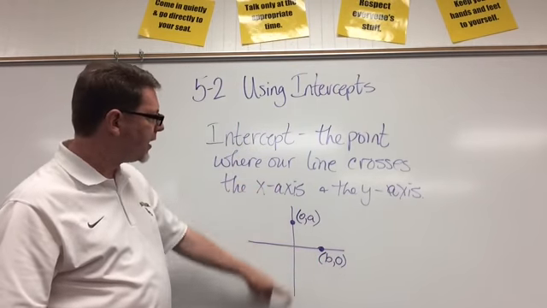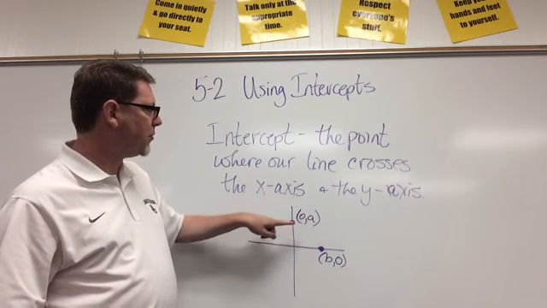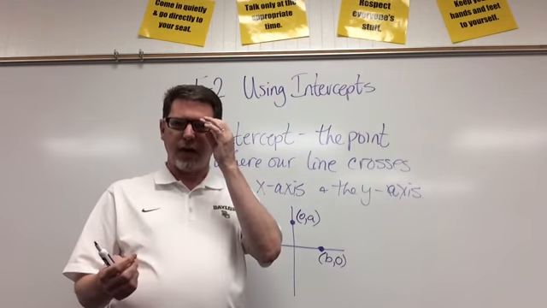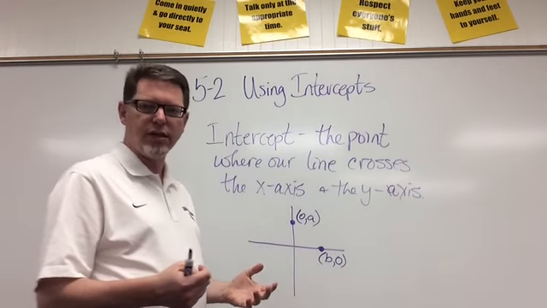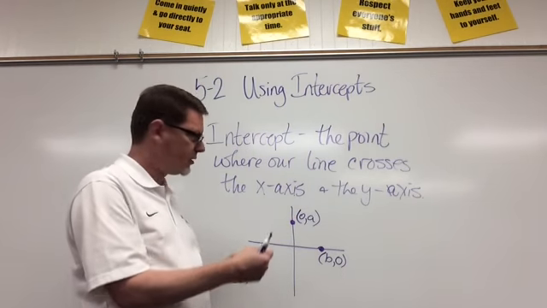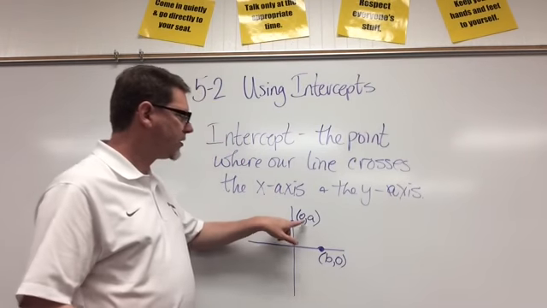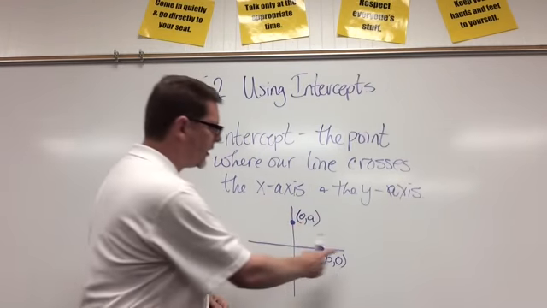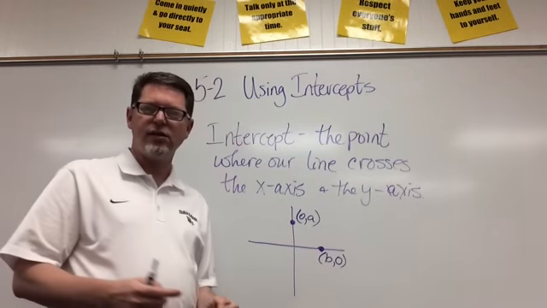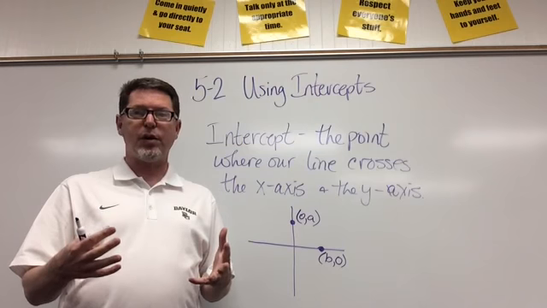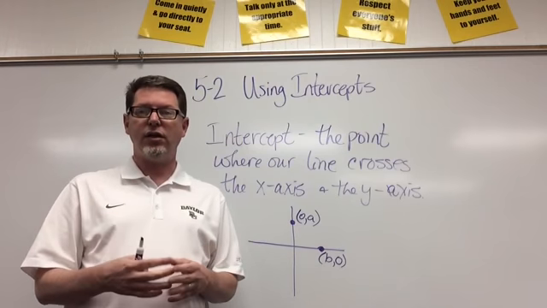And for my y-intercept, it's going to be 0 comma a, and the a is going to be whatever number I happen to be on if I had a real graph that I was actually looking at or creating. So again, it's important to know that with a y-intercept, the x is always 0, and with an x-intercept, the y is always 0.